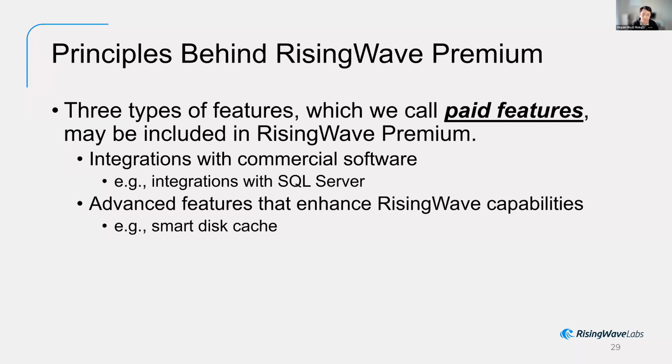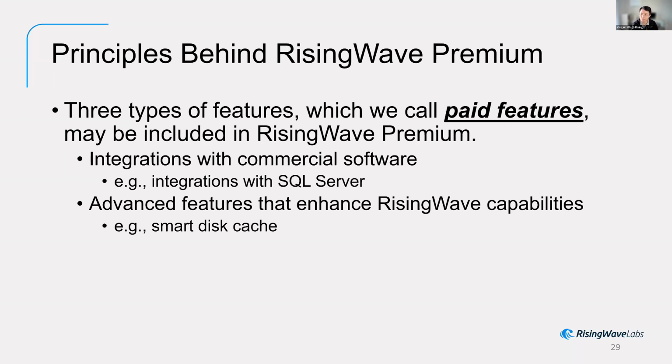And the second thing here is advanced features that can enhance RisingWave capabilities. So again, I probably want to talk more about the RisingWave design principle or the architecture. RisingWave uses a so-called decoupled computing and storage architecture in order to reduce the cost, because all the internal states and the storage can be persisted in S3, and S3 is much cheaper than EC2.